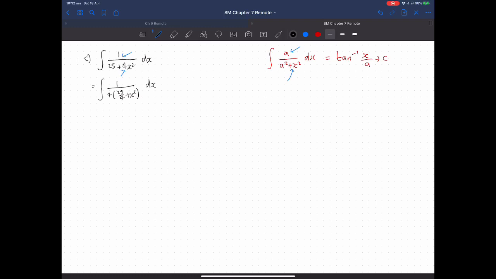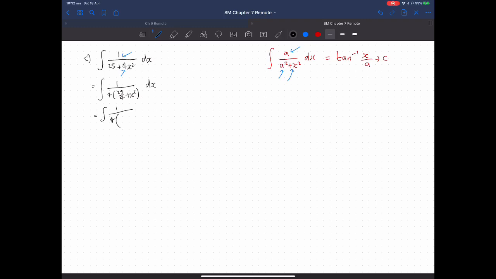The next thing to see by observation is if we're looking at the formula on the bottom line, there's an a squared.